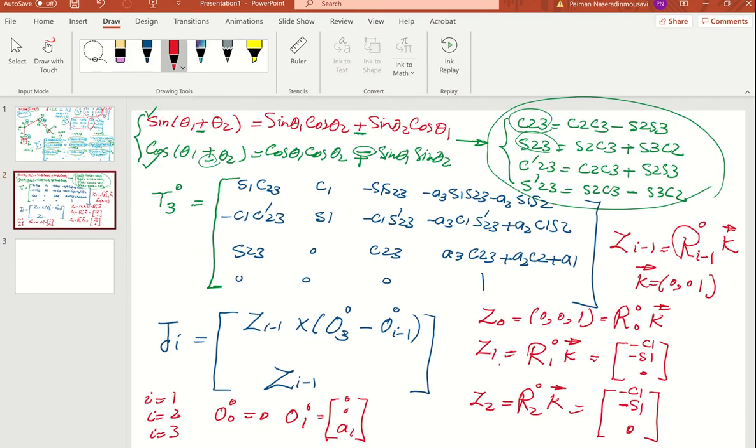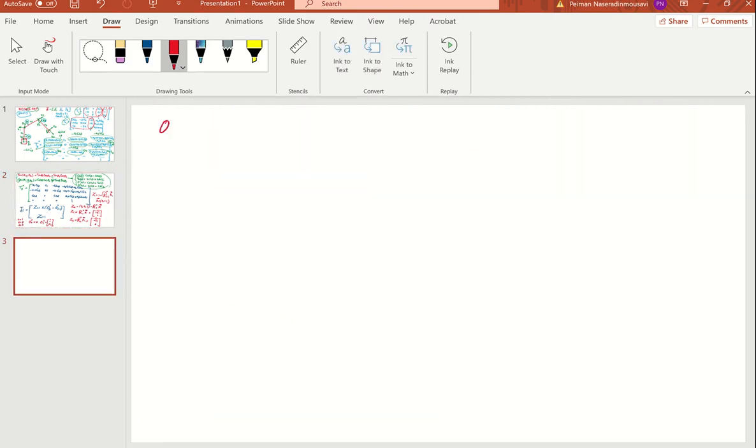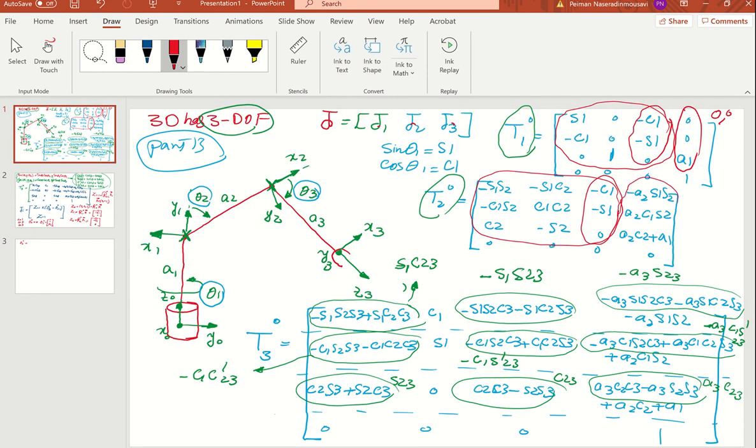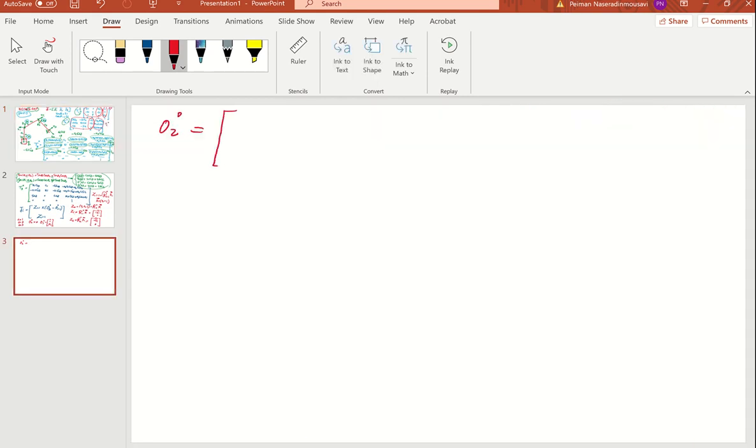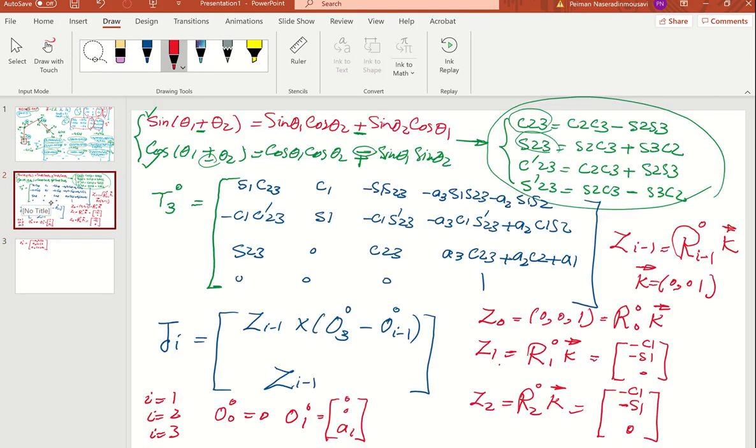So we got that. So O2 with respect to 0, as I taught you, this is O2 with respect to 0 because this is T2 with respect to 0. I'm gonna write it down here. Gonna be, for God's sake, minus A2 sine 1 sine 2, A2 cosine 1 sine 2, A2 cosine 2 plus A1. And now we got all of these. We got these for different i's. Now we only need this.